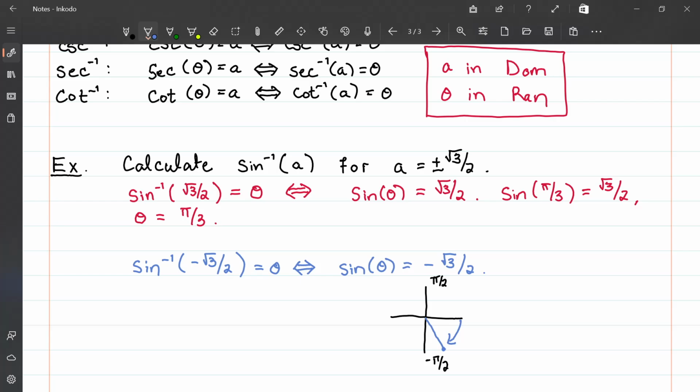Now what angle could do that? Oh, now wait a second. If I rotate into an angle like this in quadrant 4, notice sine of pi over 3 is positive root 3 over 2. And what that's implying to us is, because sine is an odd function and it goes positive when I go this way but negative when I go this way, if I take sine of negative pi over 3, I must get negative root 3 over 2.